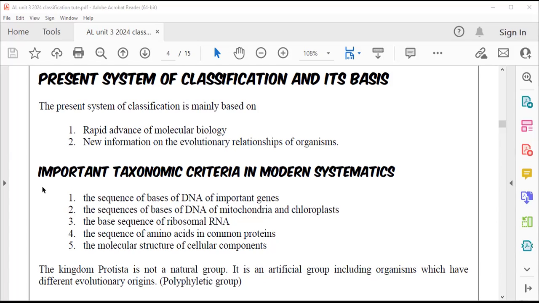Nitrogen bases: adenine, guanine, thymine, cytosine.